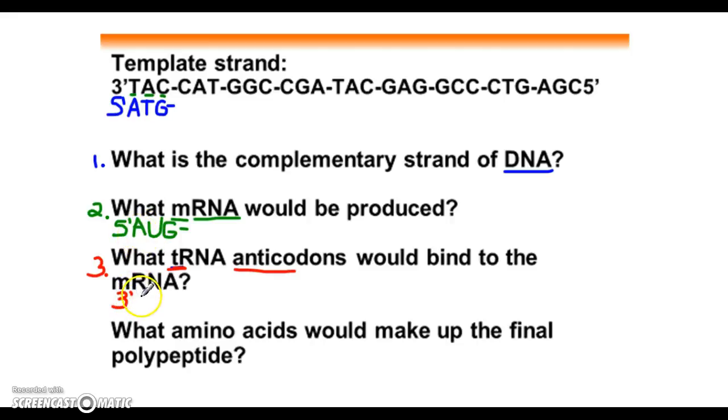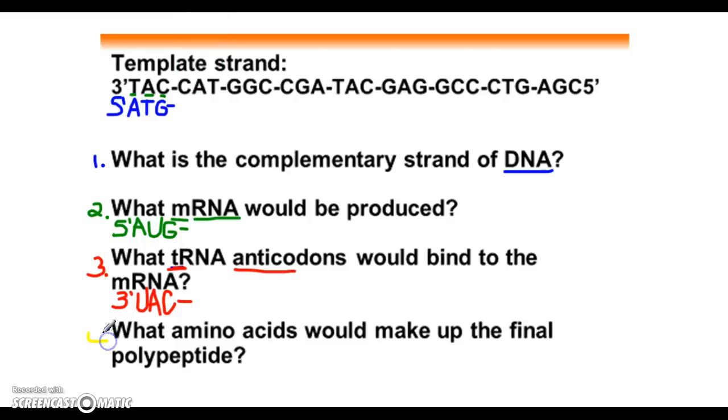So again, A pairs with U, this is RNA. U pairs with A, and G, again, it wouldn't have to be perfectly complementary, but go ahead and make that UAC, and so on. Okay, so for every group of 3 codons here, you're going to have an anticodon that's complementary to it.